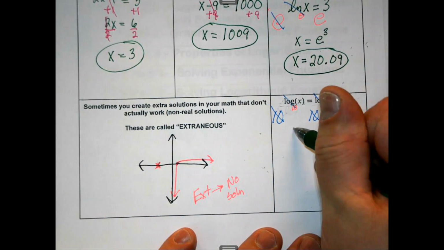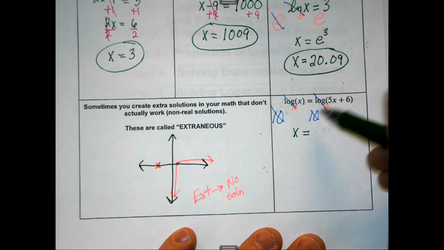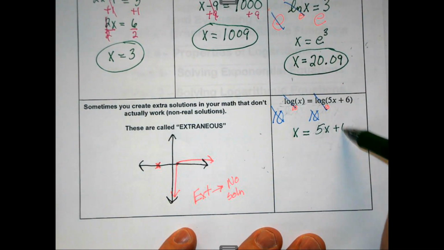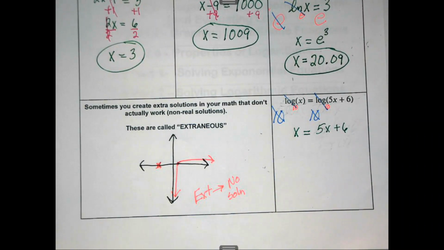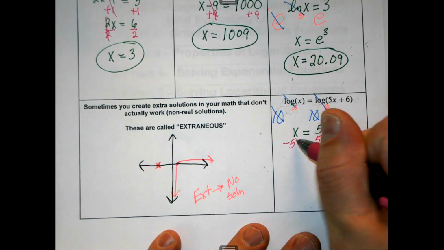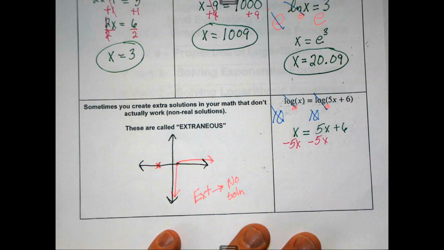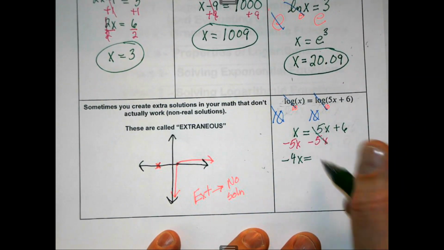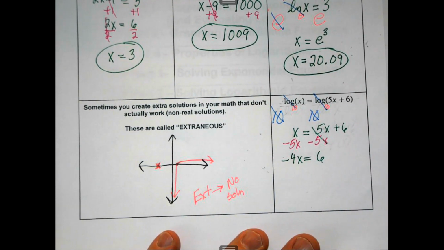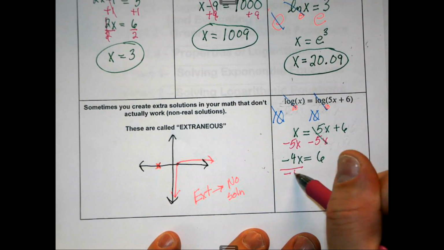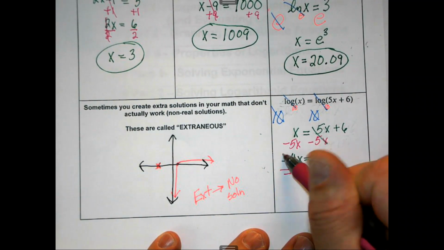So I get x equals 5x plus 6. Now I can solve for x. Subtract 5x. I get minus 4x equals positive 6. To get x by itself, I'm going to have to divide both sides by negative 4.